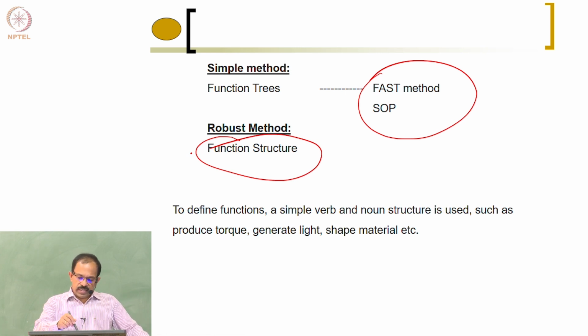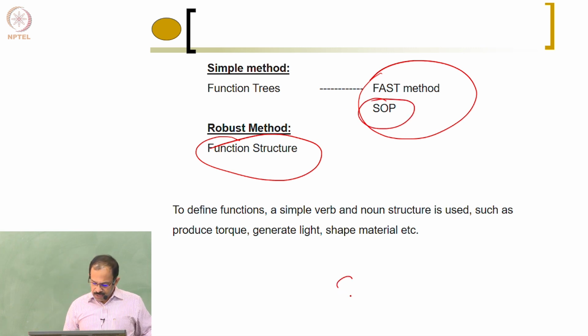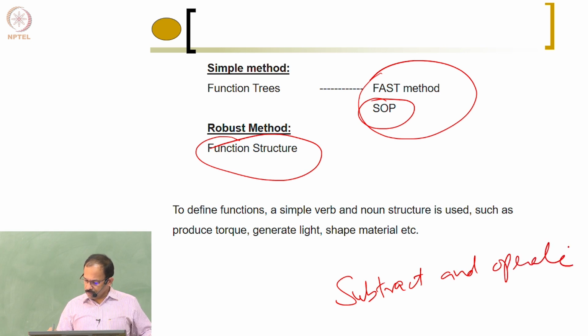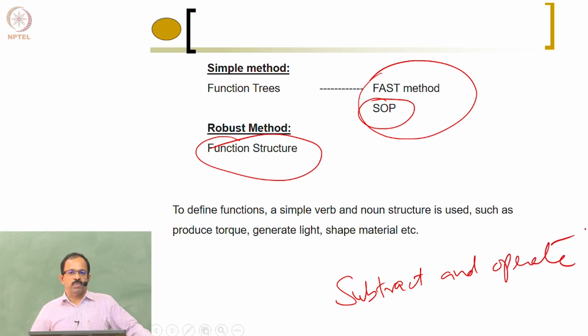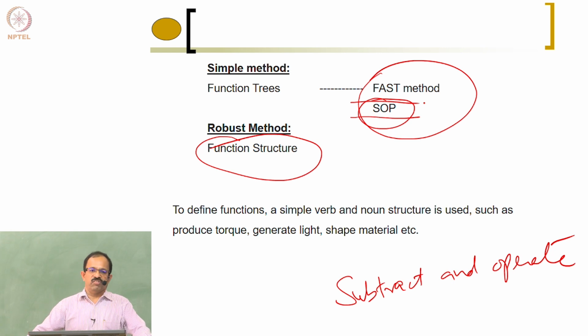First we'll look at the SOP, which is known as subtract and operate procedure. SOP is subtract and operate procedure. This is to identify all the functions needed in a product. For existing products, we can use SOP and identify all the functions in the products.